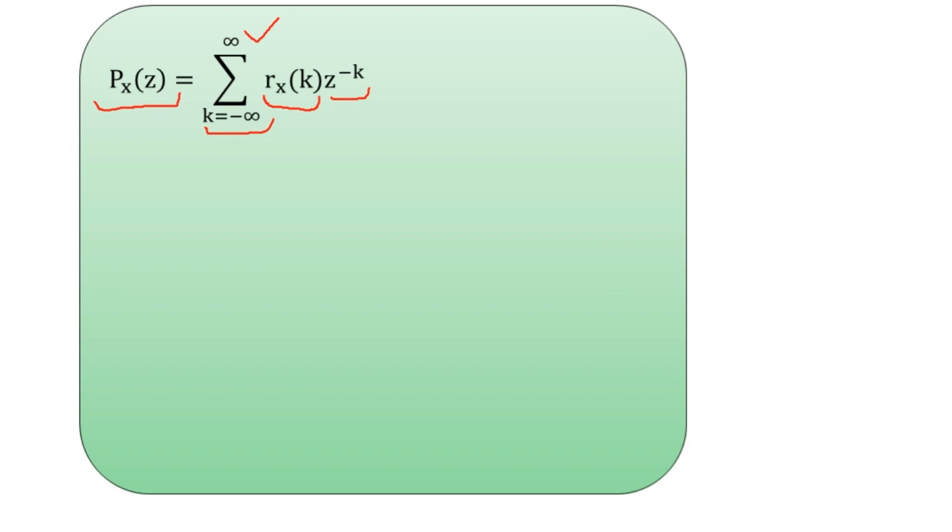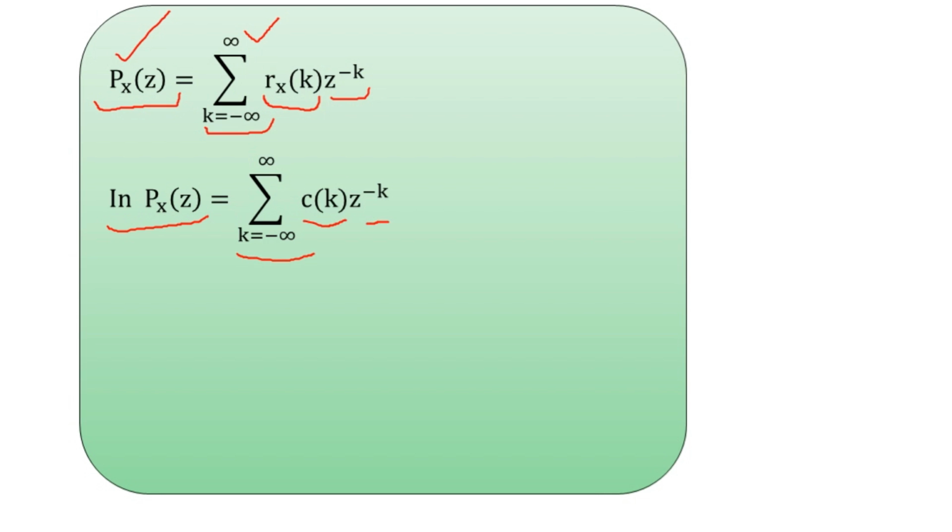Now if we take the natural logarithm of the left hand side, it becomes ln of Px of z. This can be expanded into a Laurent series. So the Laurent series expansion of the natural logarithm taken over the power spectrum representation gives this form here. We have ln of the power spectral density Px of z equal to the summation k equal to minus infinity to infinity of ck into z to the power minus k.